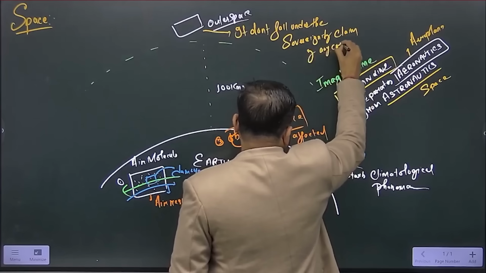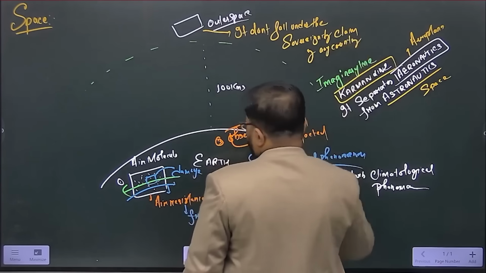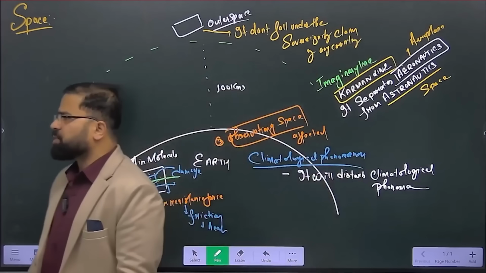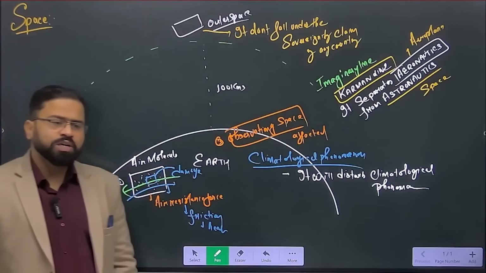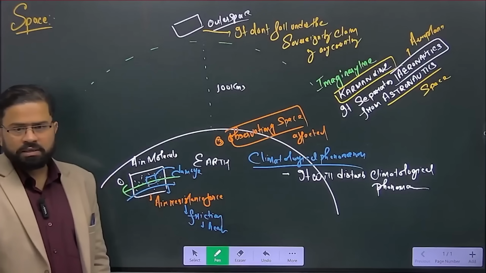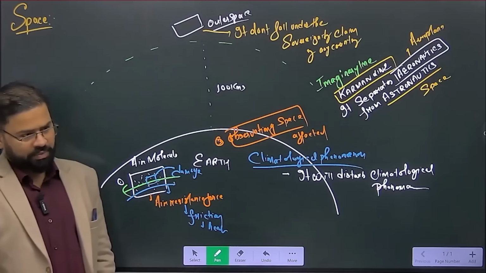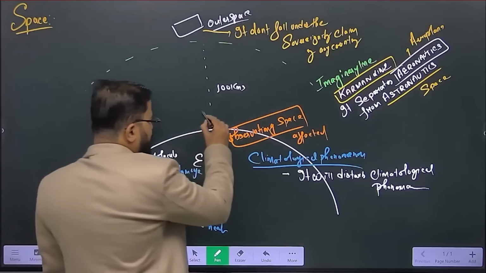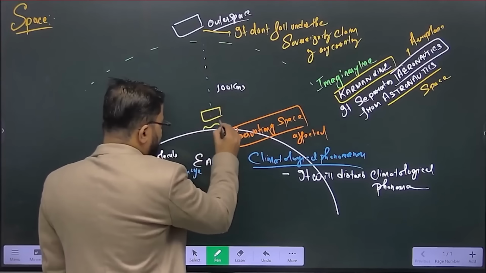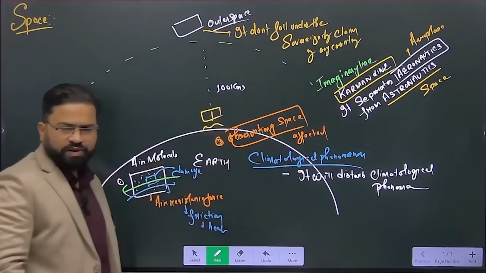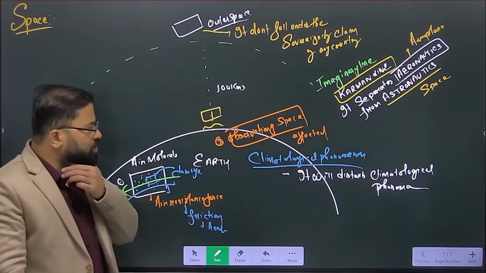That means the area beyond the Karman line is not controlled by any country. It belongs to outer space. That means either it belongs to no one or it belongs to everyone. But suppose this is India, so obviously this particular region will be under the sovereignty claim of India. So this is all about your Karman line.